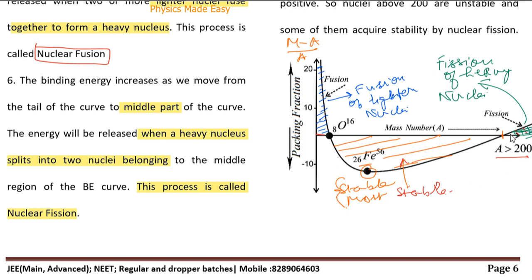Above mass number 200, nuclei are unstable because their value has again become positive. So nuclei with positive value of packing fraction are unstable and nuclei with negative value of packing fraction are stable.